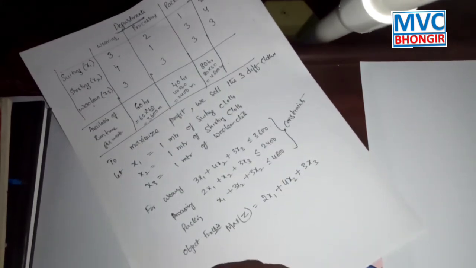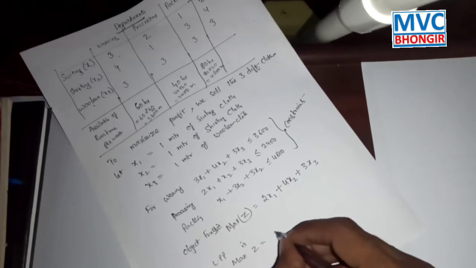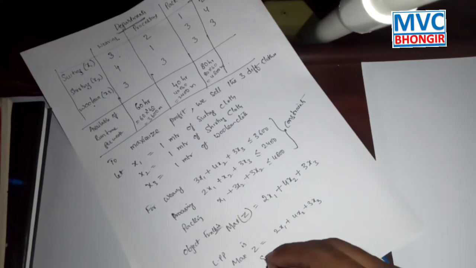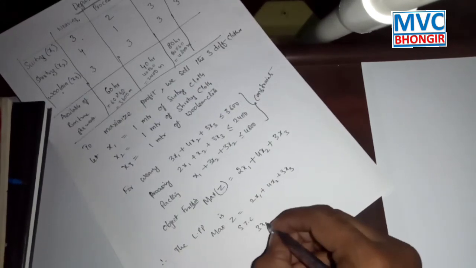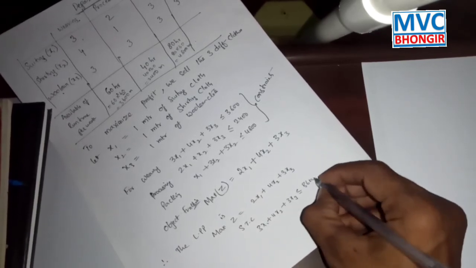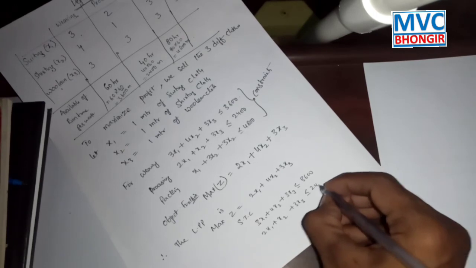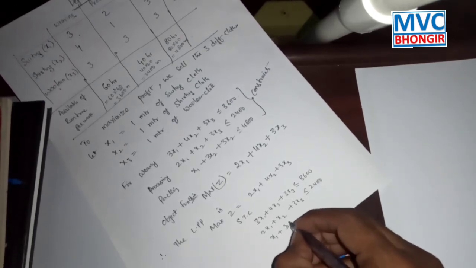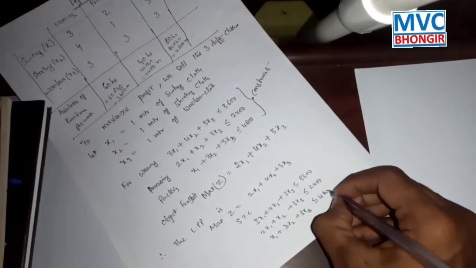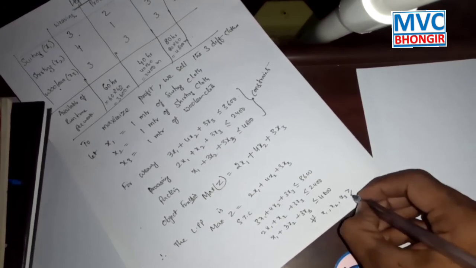Then finally the LPP problem is: maximize Z equals 2x1 plus 4x2 plus 3x3 subject to the constraints 3x1 plus 4x2 plus 3x3 less than or equal to 3600, 2x1 plus x2 plus 3x3 less than or equal to 2400, x1 plus 3x2 plus 3x3 less than or equal to 4800, for all x1, x2, x3 greater than or equal to 0.